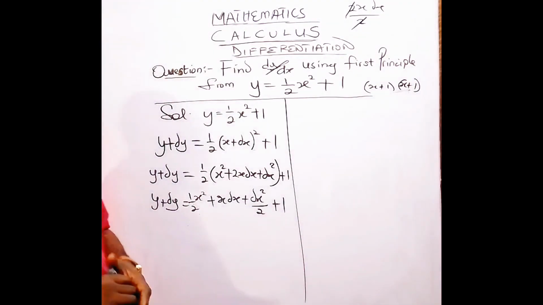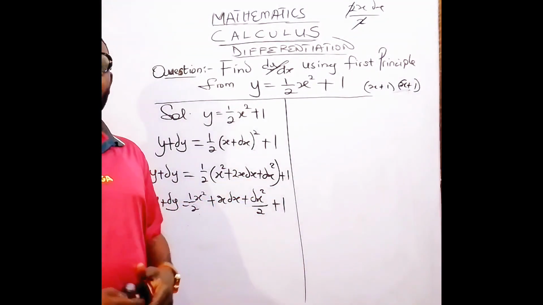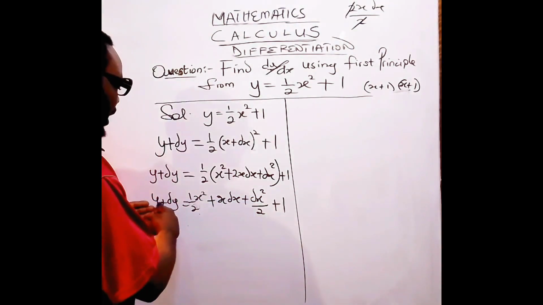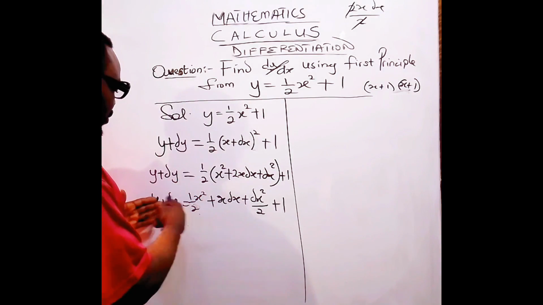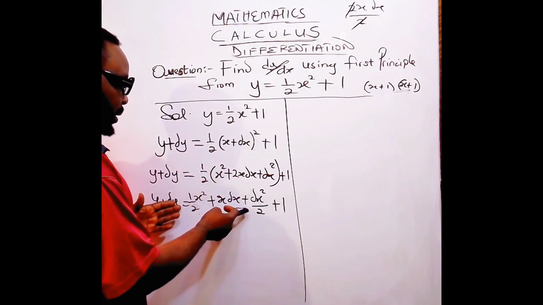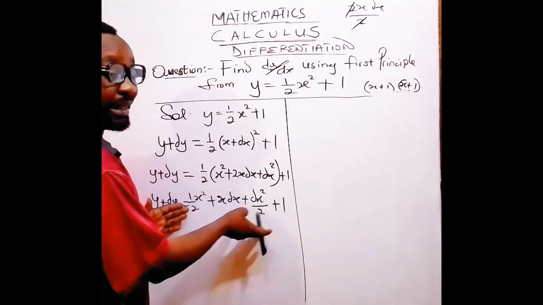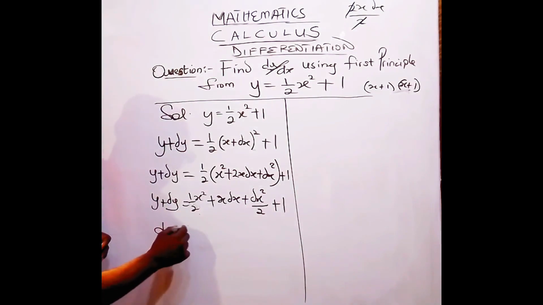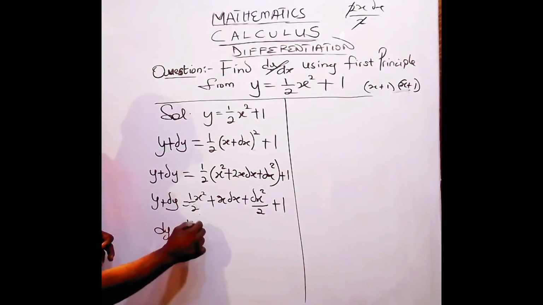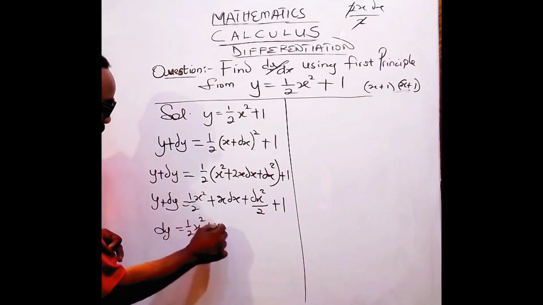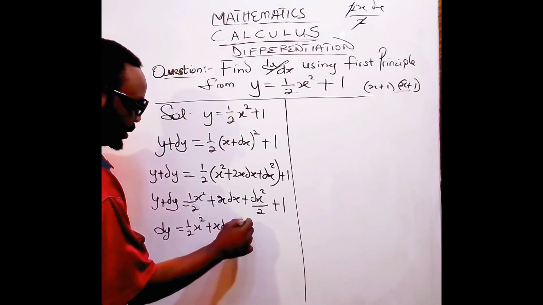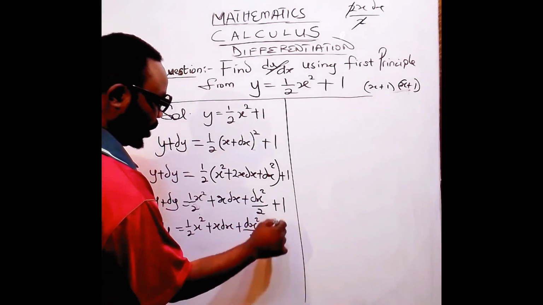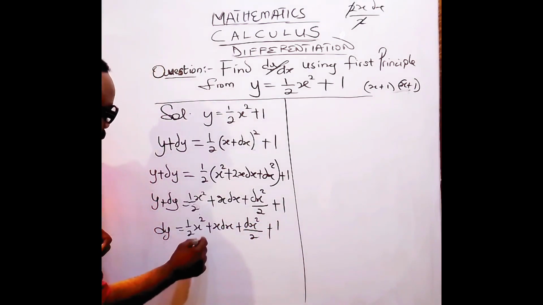At this stage, after we have been able to open up the bracket, the next thing you will do is for you to transfer this y to the right hand side. So we are going to have change in y equal to half x squared plus x dx plus dx squared over 2 plus 1 minus y.